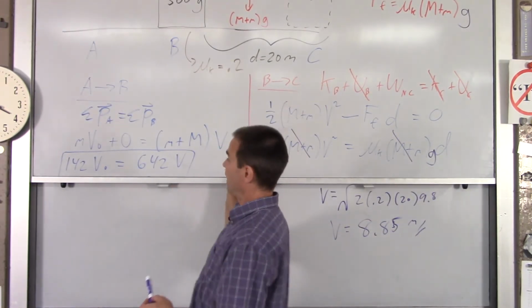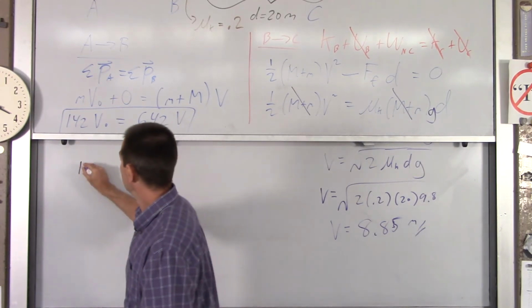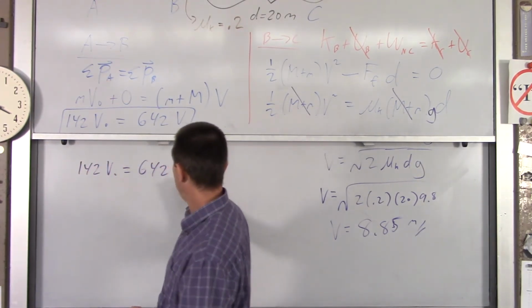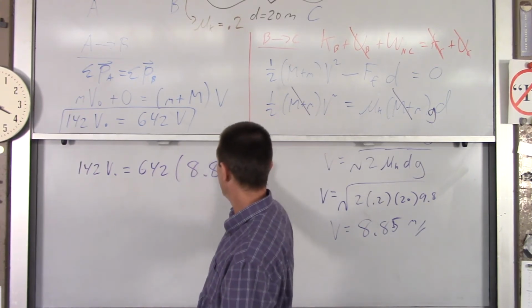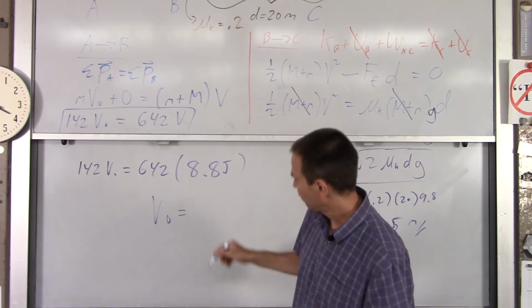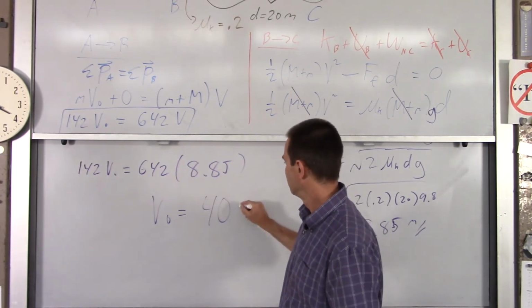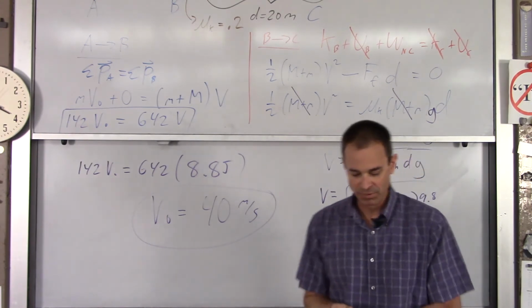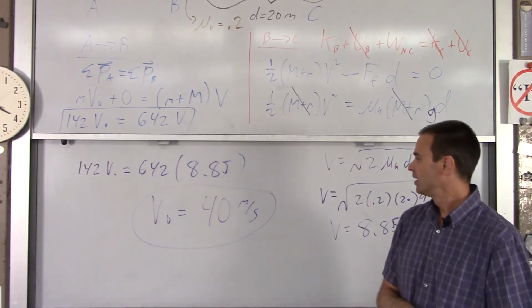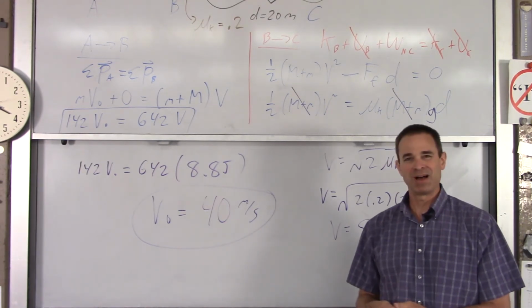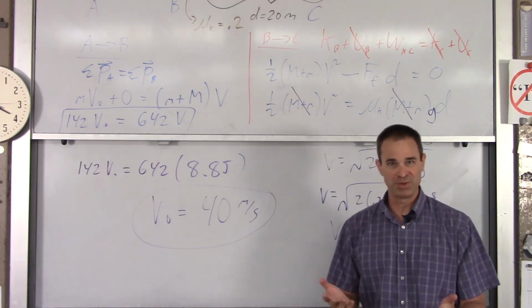So we've got 142 V naught equals 642 times our 8.85. And if you solve for V naught, I got right around 40 meters per second. That's the velocity of the baseball before it impacted the box. That's almost 90 miles an hour, so that would be a major league pitch.